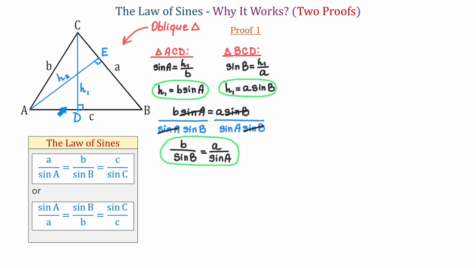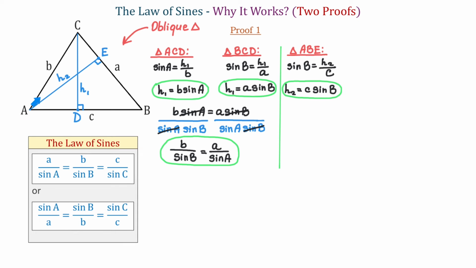In the triangle ABE, we will use the sine function to write that sine of angle B equals the opposite side h sub 2 divided by hypotenuse c. So we will write that sine of angle B equals h sub 2 divided by c. Then we will solve for h sub 2, and h sub 2 equals c sine of angle B.